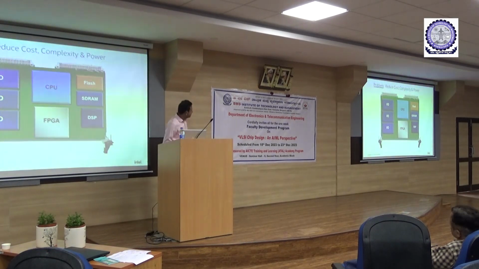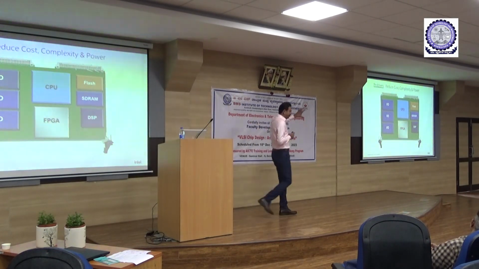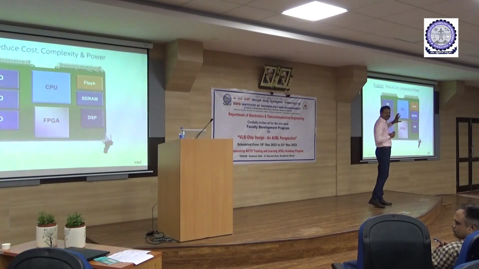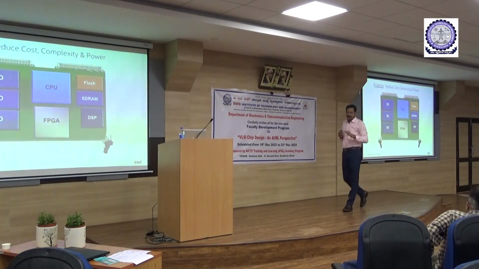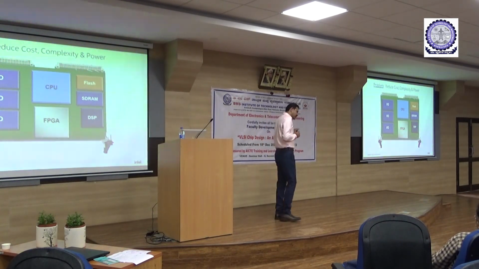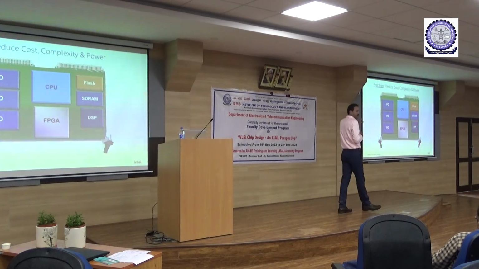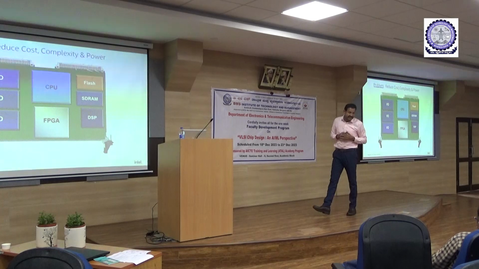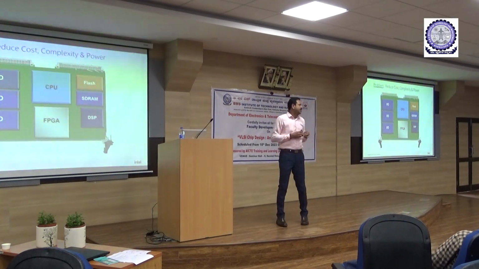So earlier, the situation was that we had a CPU as a separate chip, an FPGA as a separate chip, and a DSP as a separate chip. You know that for performing any digital logic experiments you use an FPGA, and for some ARM-related experiments we require a CPU. For performing a signal processing lab, we require a separate dedicated processor, the DSP.